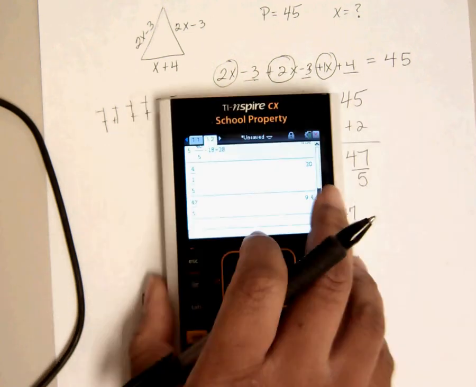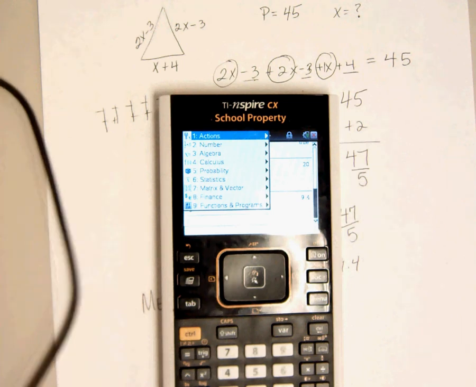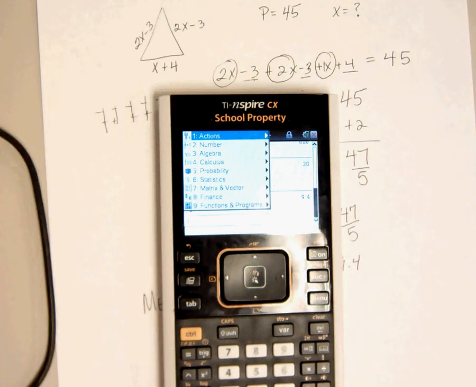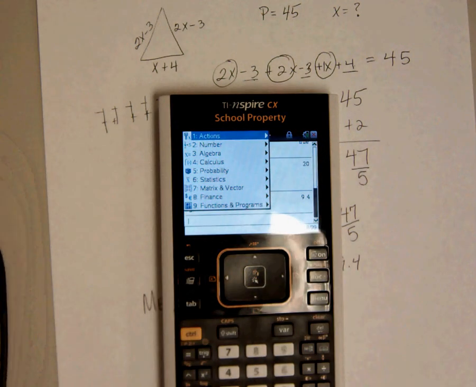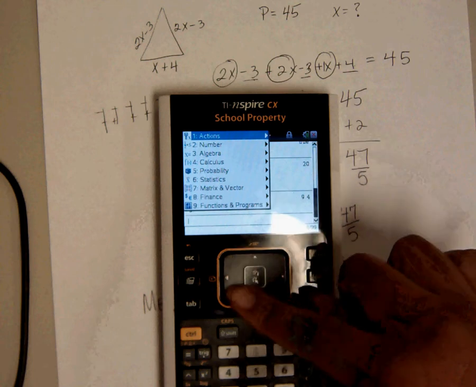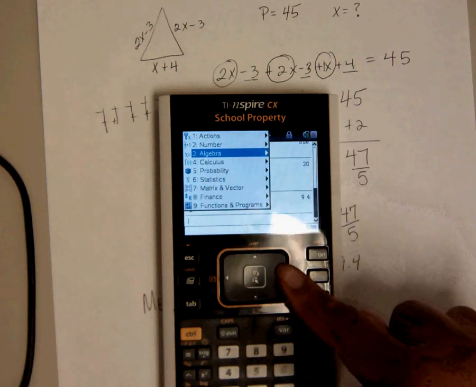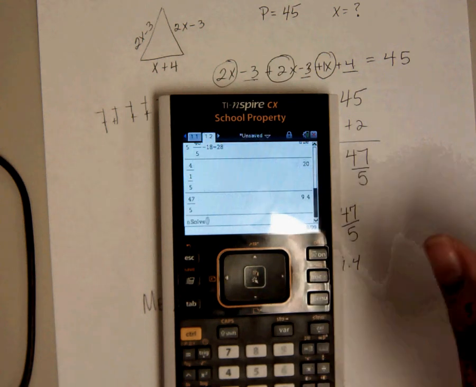Now, you can also do this problem using the calculator, and the code is menu 3-1. So I'm going to press menu, and let's see if I can darken the screen so that you can see the calculator a little better. I'm going to go to 3 for algebra, and then 1 for numeric solve. So that's correct, menu 3-1.